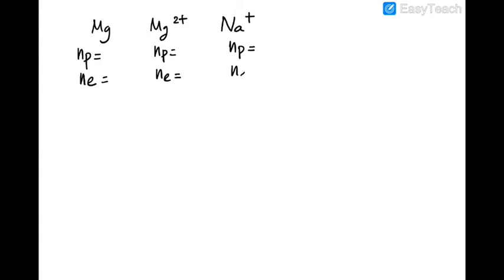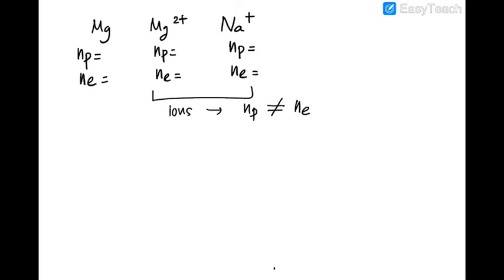I want you to try to determine each number for proton, for magnesium, for the cation magnesium 2 plus, and for sodium plus, or Na plus. And in this case, of course, for the ions, you will see that the number of protons is not the same as the number of electrons.